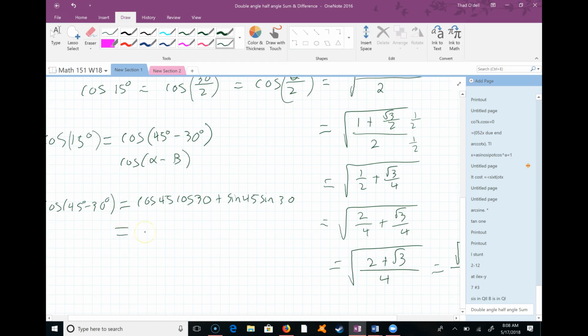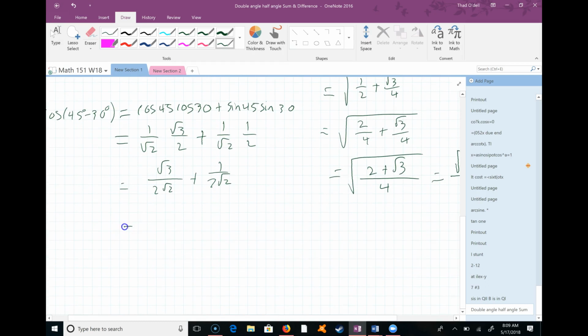And now notice that all those are friendly angles, so I can do them in my head. Cosine of 45 is 1 over rad 2. Cosine of 30 is rad 3 over 2. And sine of 45 is 1 over rad 2. And sine of 30 is 1/2. So then that would be rad 3 over 2 rad 2 plus 1 over 2 rad 2. Of course, they already have a common denominator, so I can just add them together. And I get the square root of 3 plus 1 over 2 rad 2.